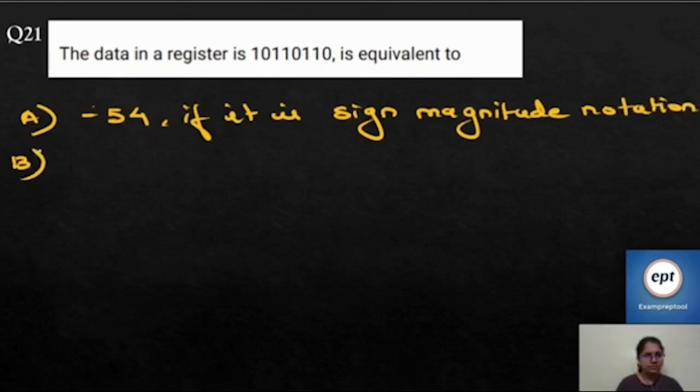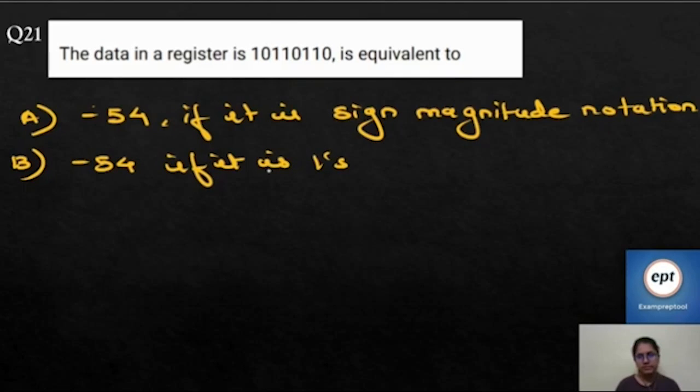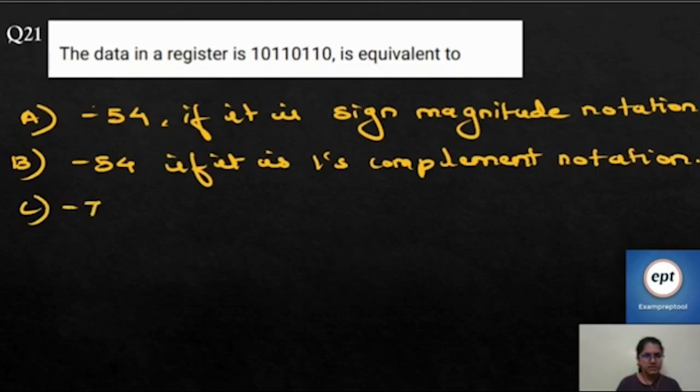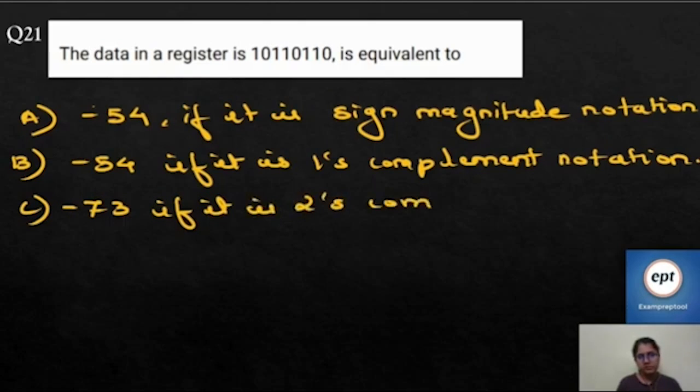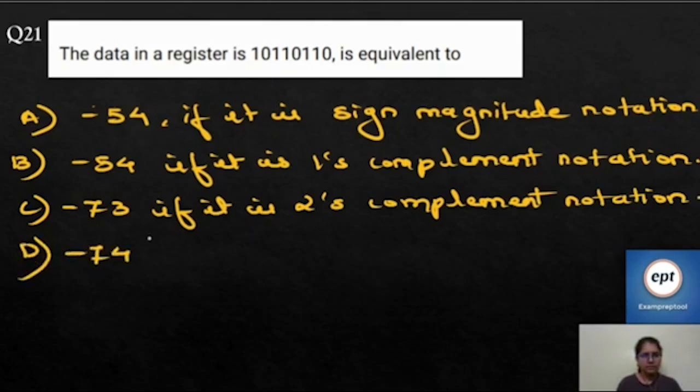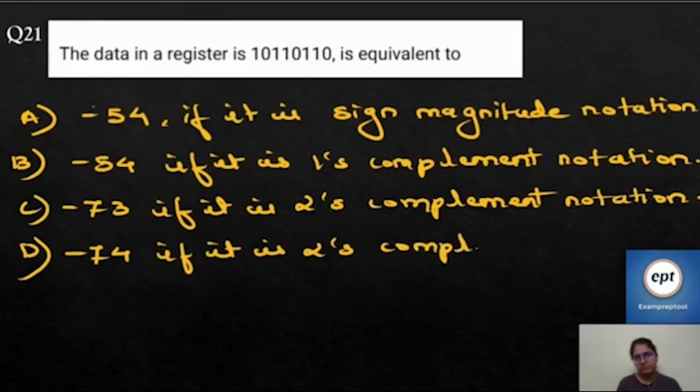Option B is minus 54 if it is ones complement notation, and C is minus 73 if it is 2's complement notation, and D is minus 74 if it is 2's complement notation. So these are the options given to us.